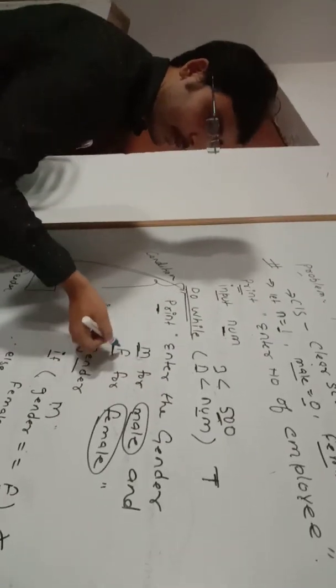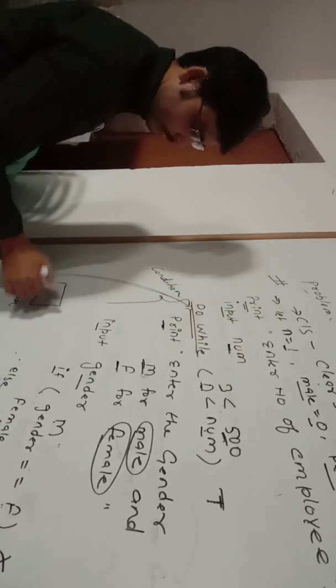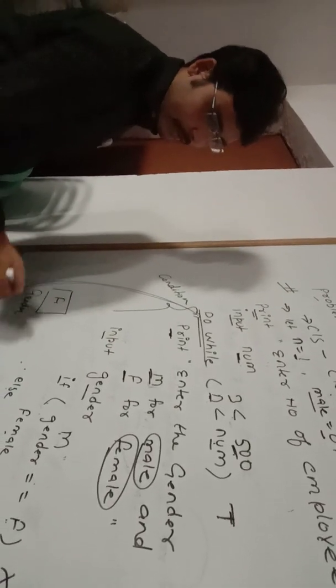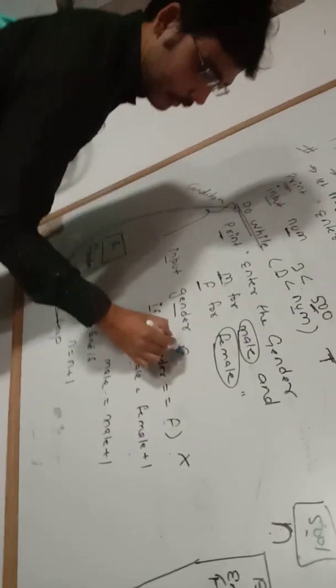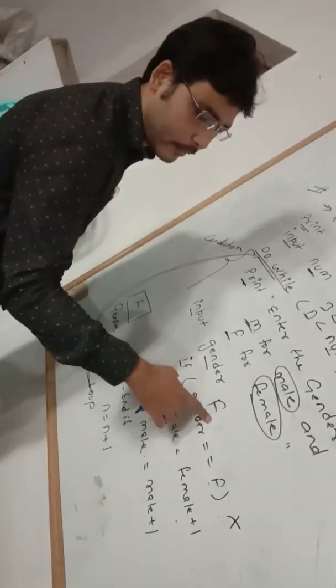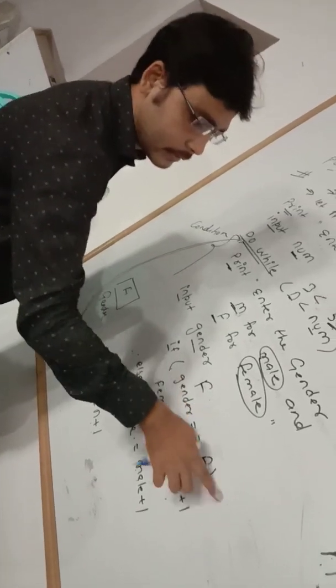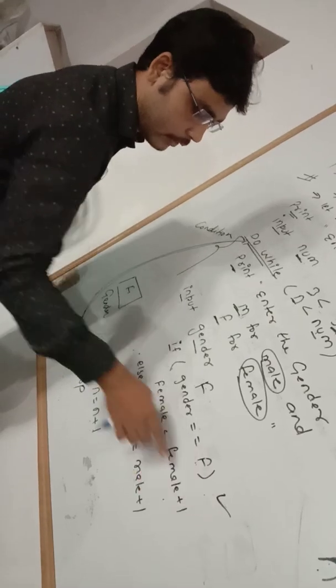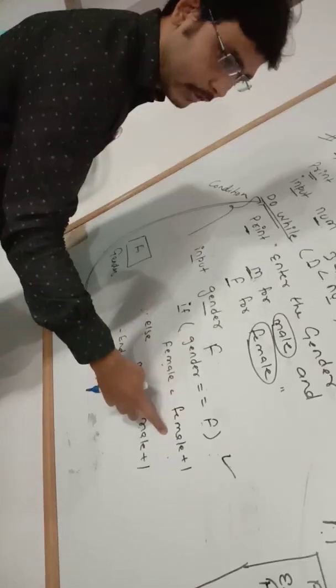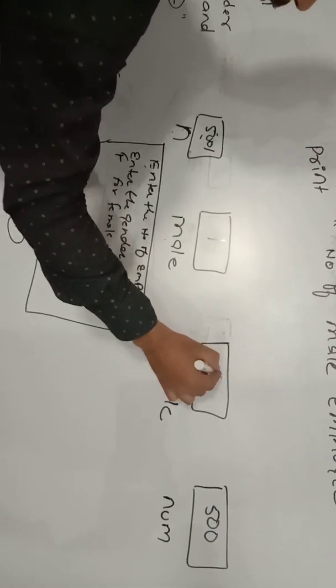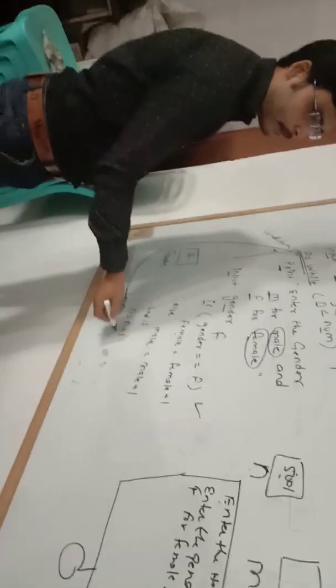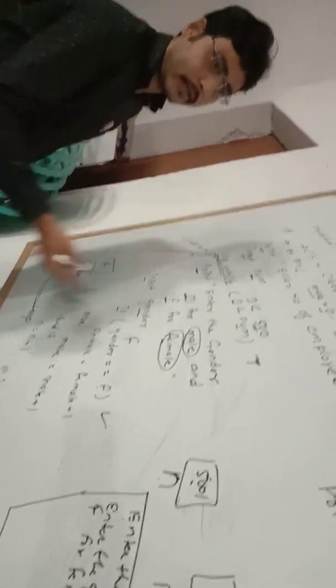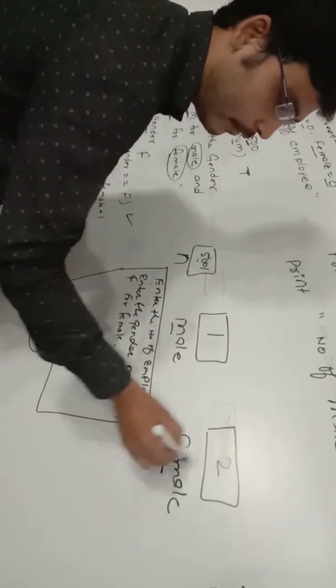And suppose the last time a female has entered, again the value of gender is female and female equal to female, yes it is true. If it is true, the value of female will be increased by 1. The value of female is 1 already, so 1 increased by 1 equals 2 and the loop is complete and n is equal to n plus 1. After the result you can see here the male value is 1 and the female value is 2.